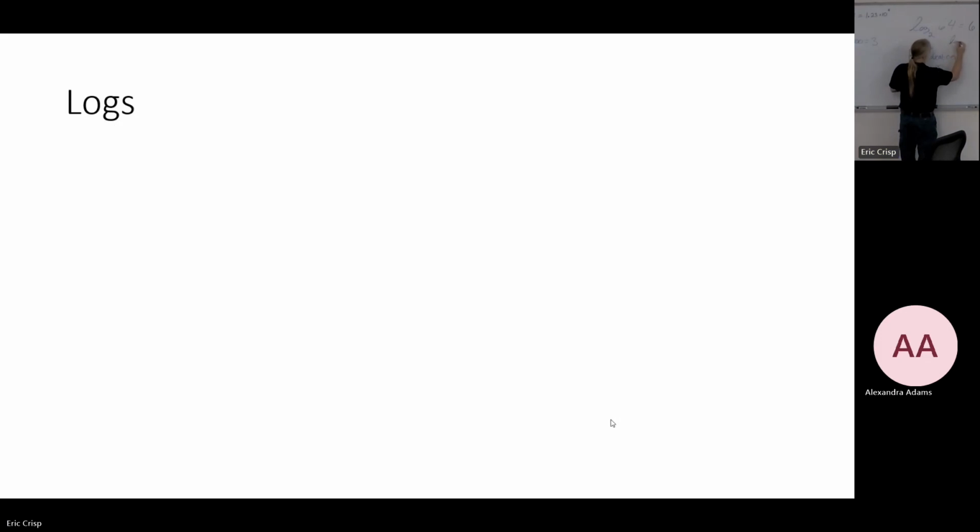Now, looking at your calculator, everybody have a calculator already? Look at your calculator. You'll have this button, and you'll have this button. If you have a fancy calculator, you might have a button that has a log with a dotted box or something like that, and that way you can plug in any random base, but most calculators don't have that. Almost all calculators will have common log base 10 and ln for base e.